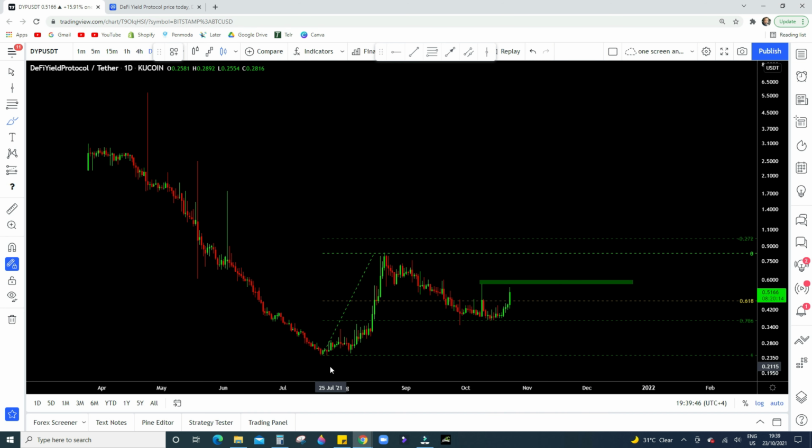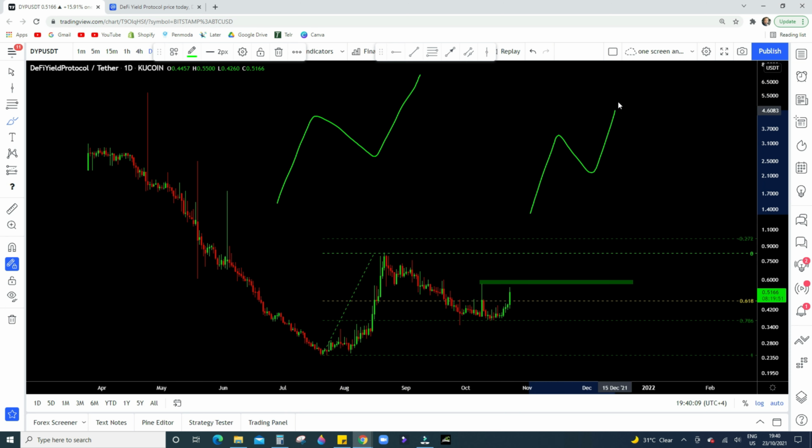But what's not clear yet is what kind of structure we'll be having in DYP. If you've been watching me for a while, you know that I always categorize the structures into two types. The first type is a three-wave structure, which includes an impulse, a correction, and then another impulse. The second type is a five-wave structure, which includes two corrections and three impulses.